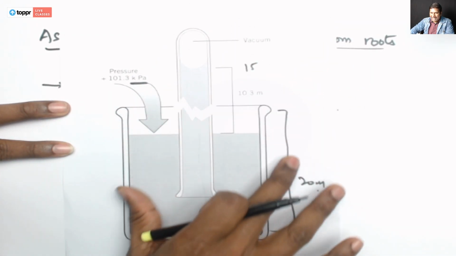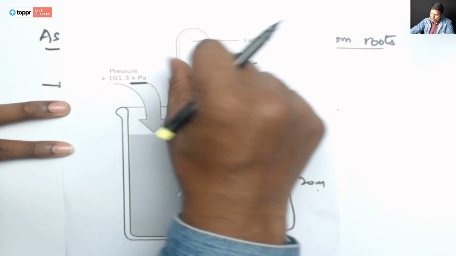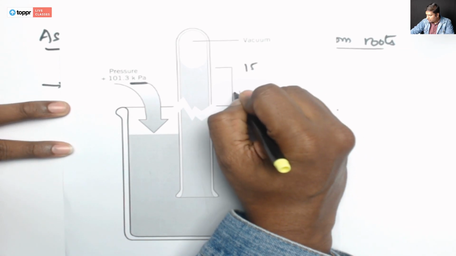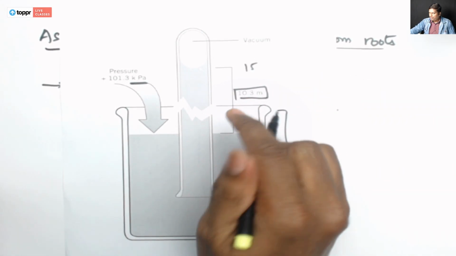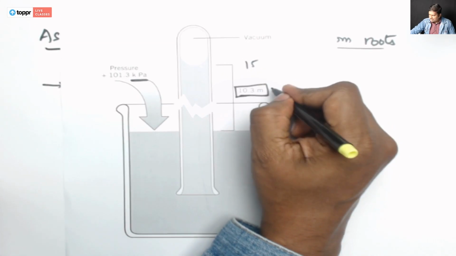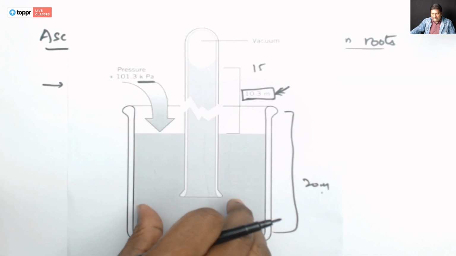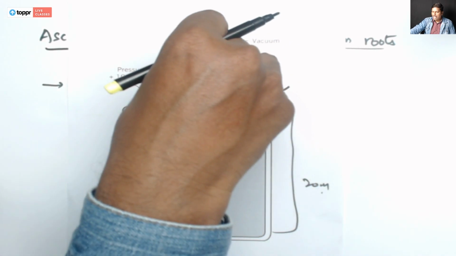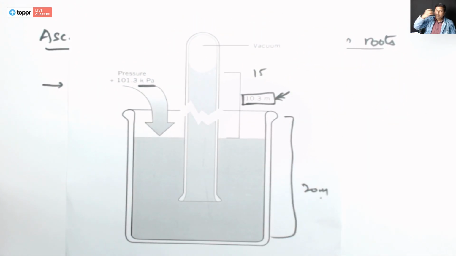So if you can create something like this, the maximum that the water can be pushed is to a height of 10.3 meters. People have calculated that this is the best case scenario: if we can generate pressure, that pressure can push the water up to 10.3 meters.